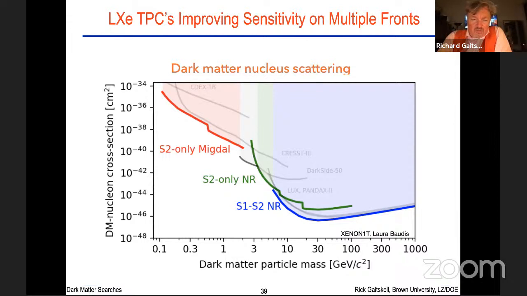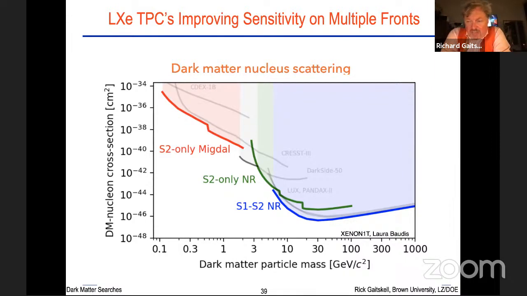And then there's also, you may have heard mention of this before, a thing called the Migdal effect, which is where nuclear recoil energy manifests itself as if you like shake off electrons, some electron ionization event, and as a consequence we're able to put limits by looking for Migdal signals, limits which are based on masses that are well into the MeV, mega electron volt range.